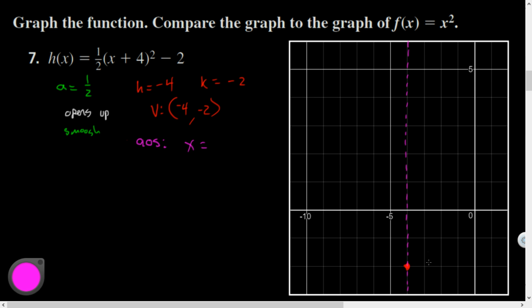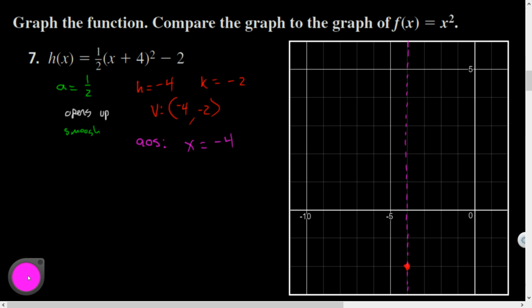What number would that be that would describe this axis of symmetry? -4. Yeah, right? It's always just going to be the x-coordinate of the vertex. The equation of a vertical line is just x equals a number, and that number is either where it crosses on the x-axis, but for us, we care about this vertex more, and they're both the same thing.